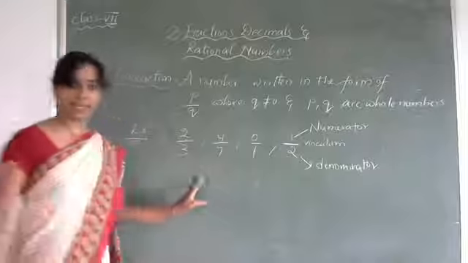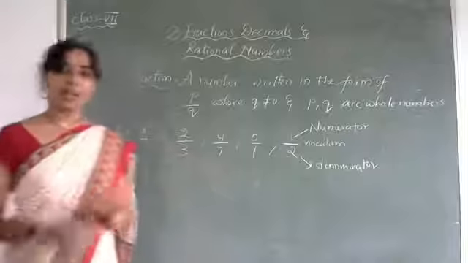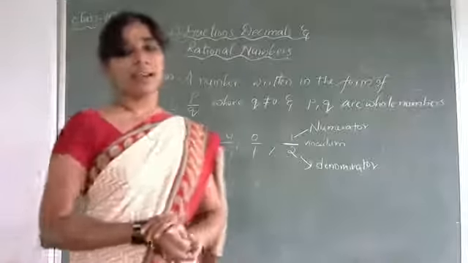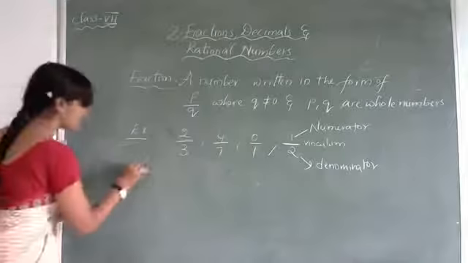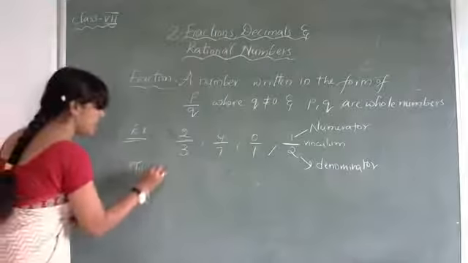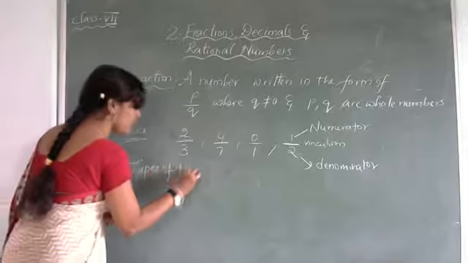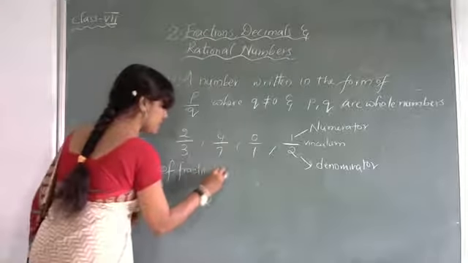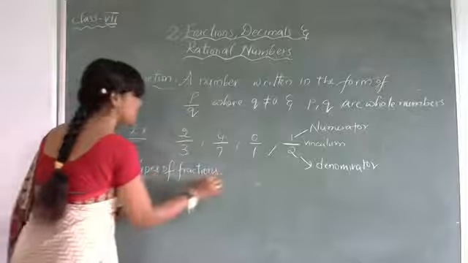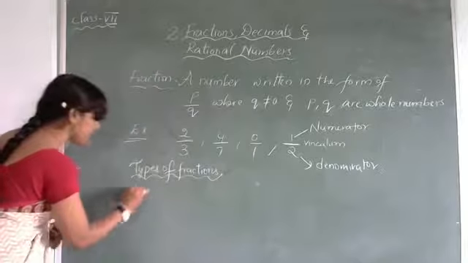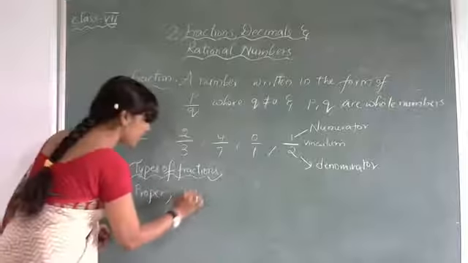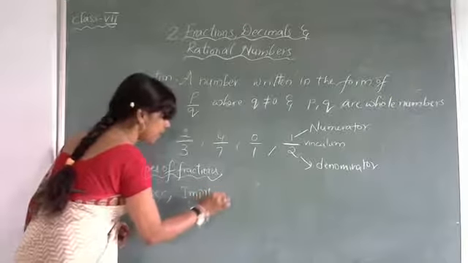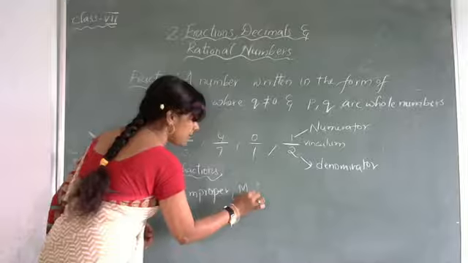So remember this, children. As an extension to this, we are going to learn the types of fractions. We have different types of fractions. So what are those different types? In the lower class itself we learned proper fraction, improper fraction and mixed fraction.